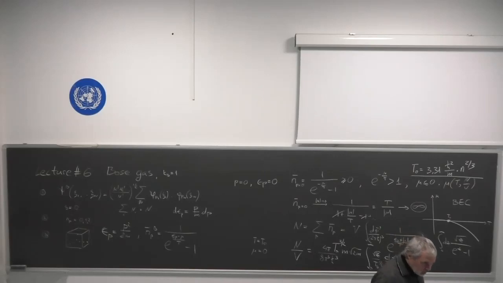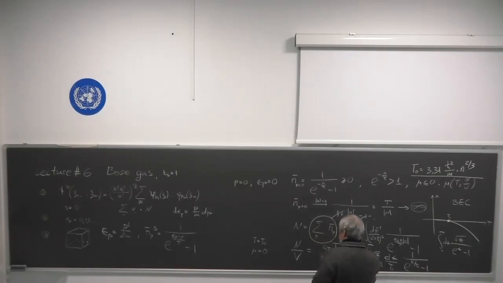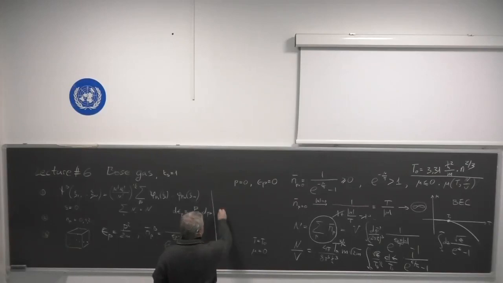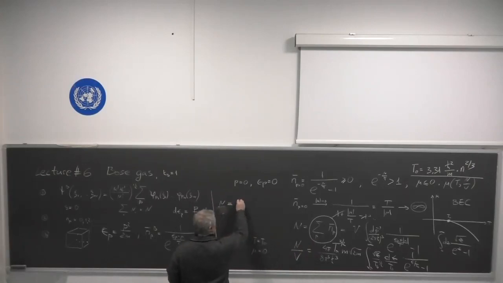What is wrong? What is wrong is that below temperature T node, we cannot treat the sum like we did before. Namely, we need to take into account that there is a macroscopic number of particles in one state, so the number of particles is equal to, we write separately the term with p equal to 0, N node, plus the sum over p not equal to 0.